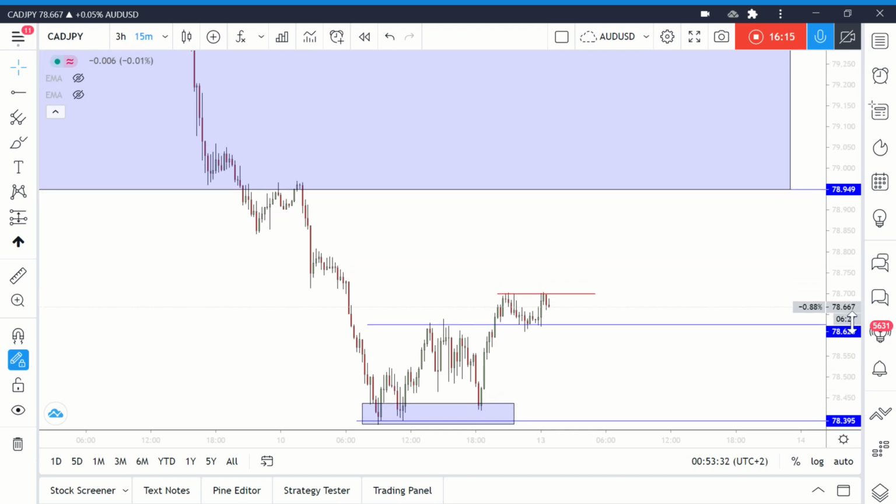Now, always remember that if you're looking at your CADJPY, if you're looking at the setup the way I'm explaining it to you, you always want to keep an eye on the news. And when I say the news, go look at your economic calendar, see if you have any fundamental releases that are going to have an impact on the Japanese yen. And I would encourage that for the Canadian dollar, you keep track of oil prices.